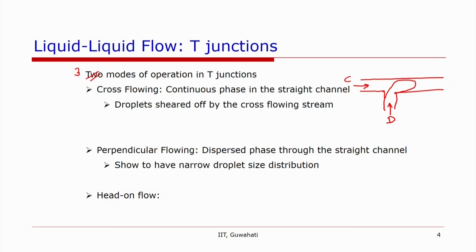In the perpendicular flow, the channel configuration is the same, but now the continuous phase comes from the branch, whereas the dispersed phase comes from the straight channel.